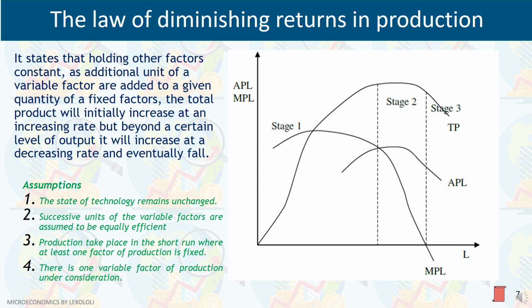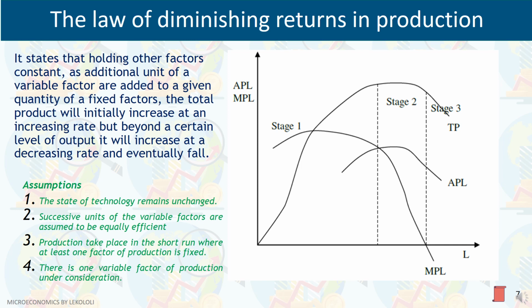Stages of the law of diminishing returns, as indicated in the figure: you can see we have stage 1, stage 2, stage 3, where we have the total product. This curve is for the total product. We have the curve for marginal product, and we have the curve for average product.